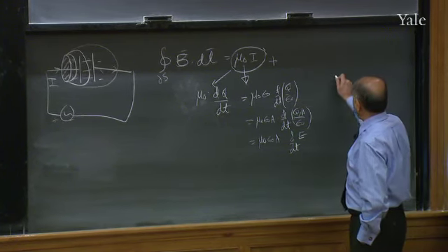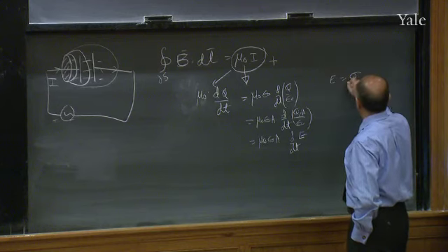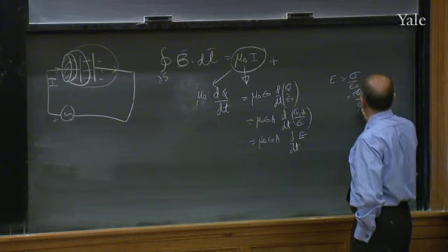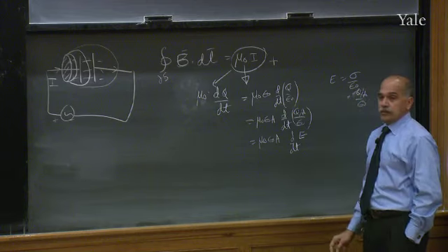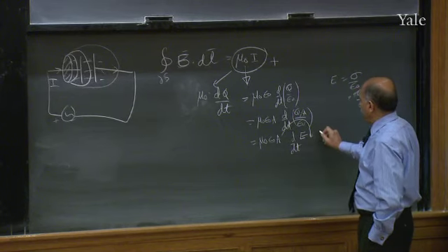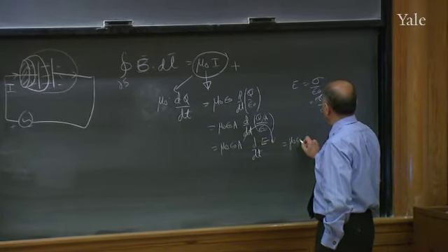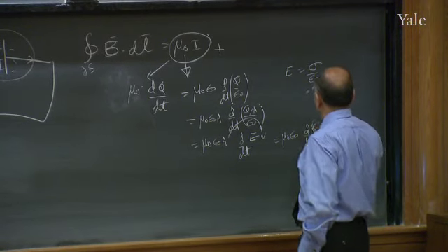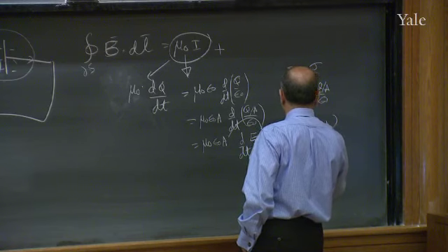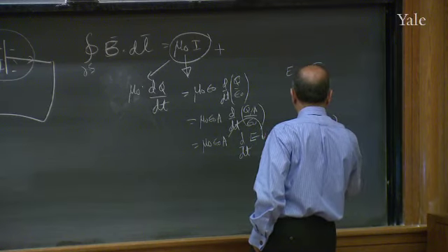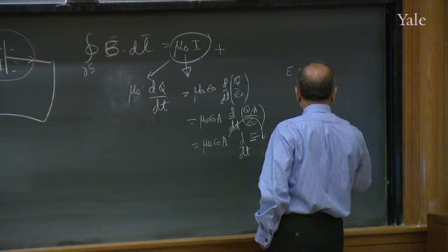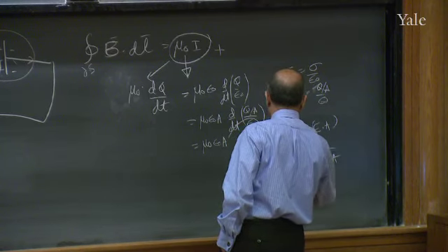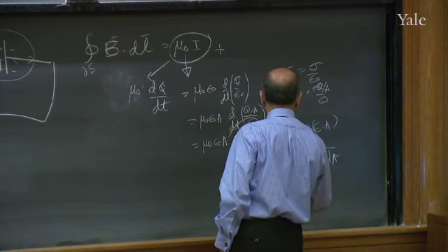Why is that? Because electric field is sigma over epsilon 0, and sigma is just q over a. Now bring that a in here, and you get mu 0 epsilon 0 d by dt of electric field times a. But that we can write as mu 0 epsilon 0, the surface integral of the electric field over the surface, and that's what we call mu 0 epsilon 0 electric flux d by dt.